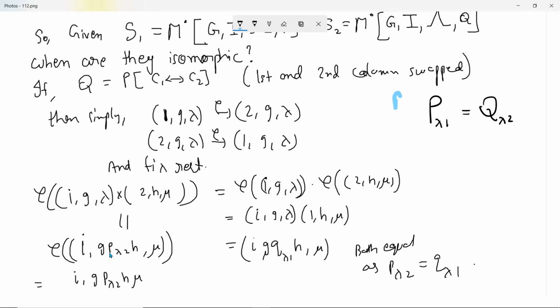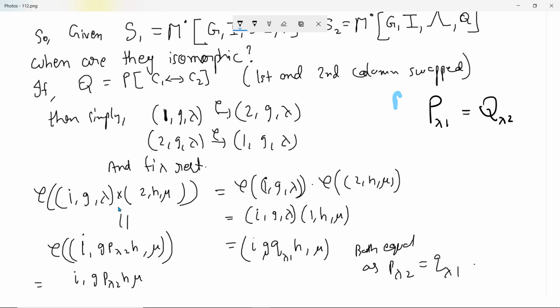Now P lambda comma 2 is in the second column, but it is really deciding the multiplication of something that is in the second row. And if P lambda comma 2 is Q lambda comma 1, then I must send this 2 in the row to 1, the first row. That was the motivation behind swapping the rows.